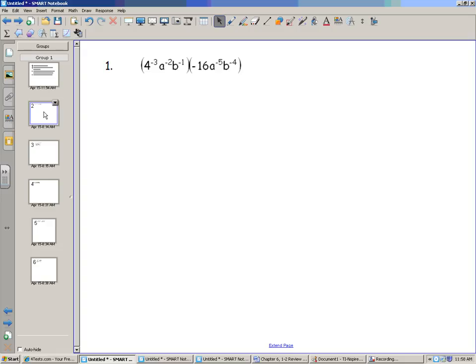Okay, number 1. Am I missing any exponents on the 16? So put on a 1 on the 16. So now what do I do? Numbers with numbers, letters with letters.